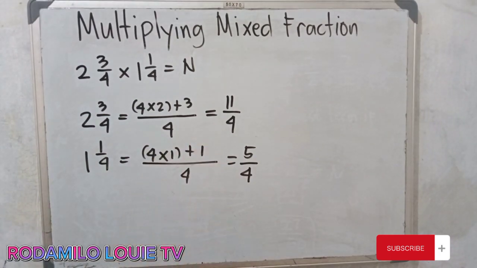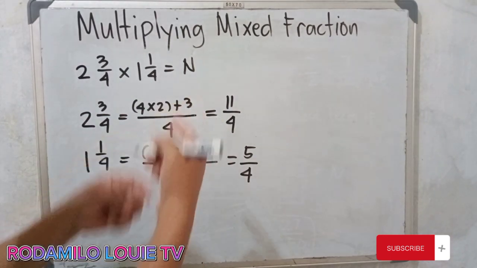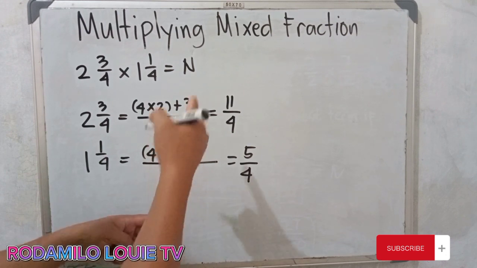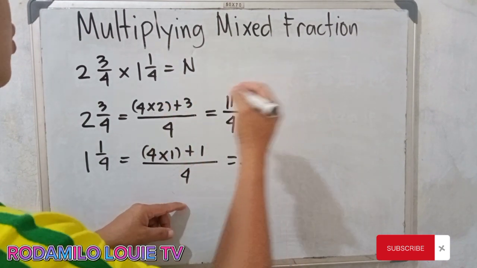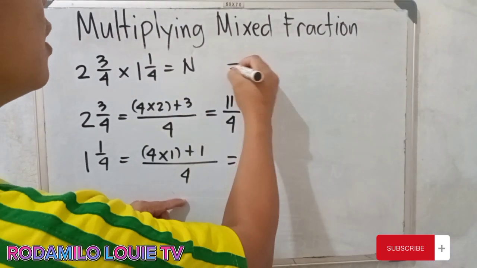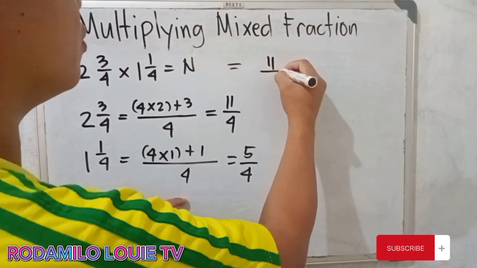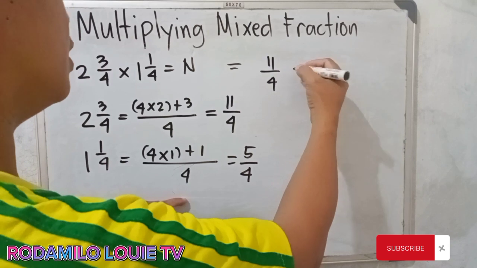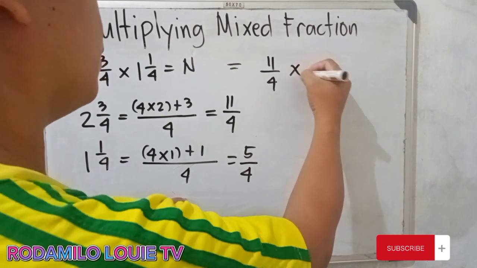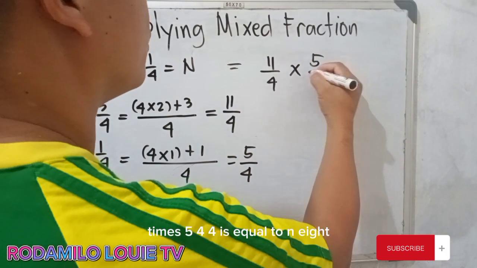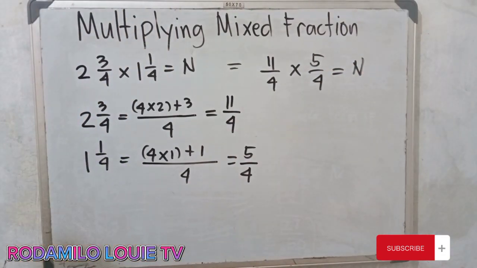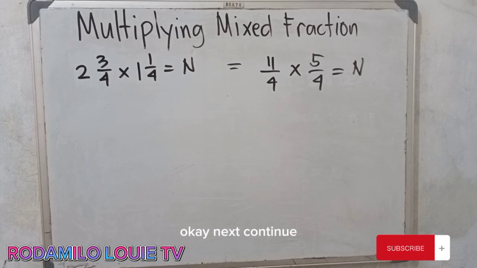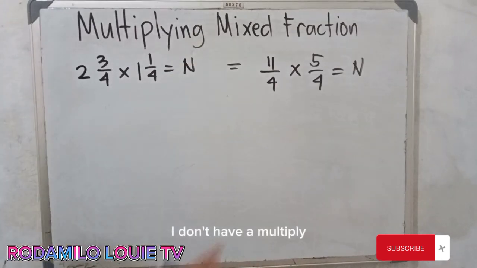So, mao na atong answer. So, nahimo na natong improper fraction 11/4 and 5/4. So, kini mahimo nini nga 11/4 times 5/4 is equal to n. Okay? Next. Continue atong pag-multiply.